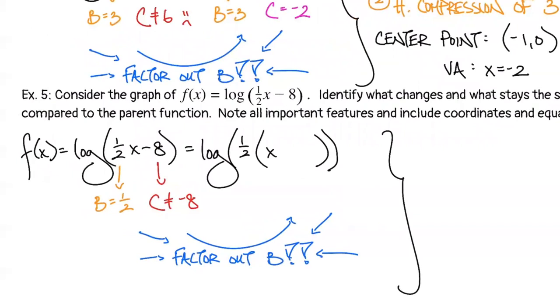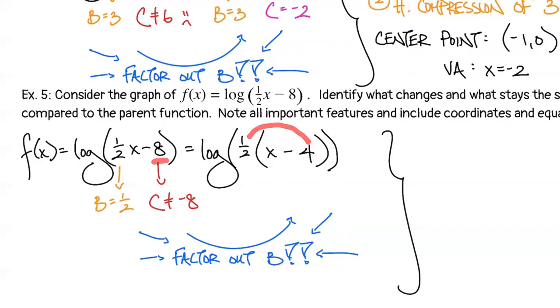If you're not sure, and let's say you put in a 4 here, before you commit to that answer, I would distribute that 1/2 back in for yourself. If I do 1/2 times x, I get 1/2 x. But if I do 1/2 times 4, I don't get 8, I actually get 2.